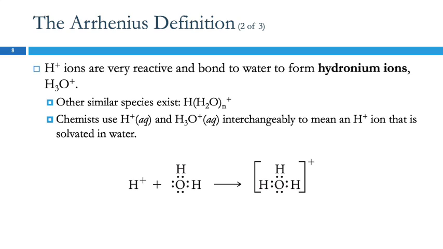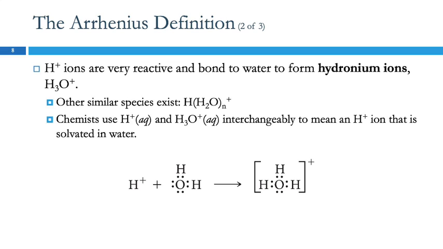So that proton is not real happy being alone, right? It's going to be very, very reactive. It's going to react with anything it can around it. So in an aqueous solution, what's everywhere? Water. Water, water, everywhere, right? So this hydrogen ion encounters a water molecule, and the water molecule has two lone pairs of electrons on it.